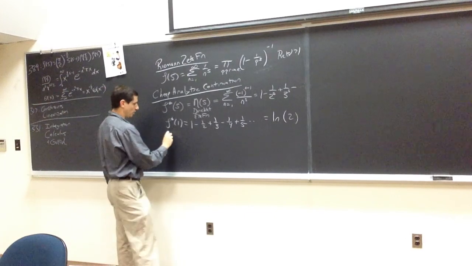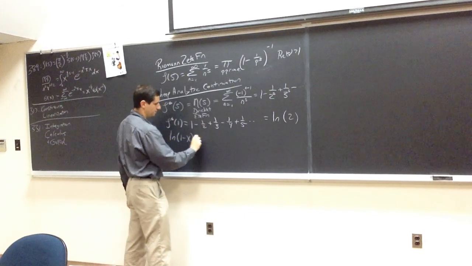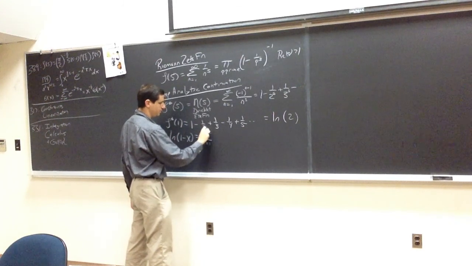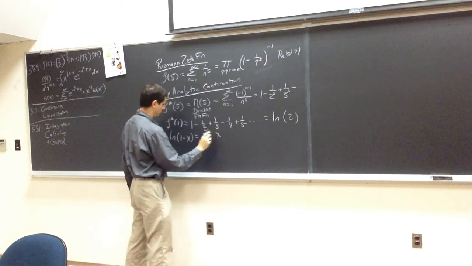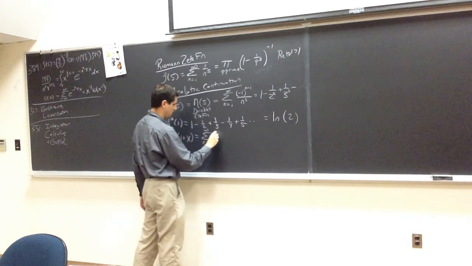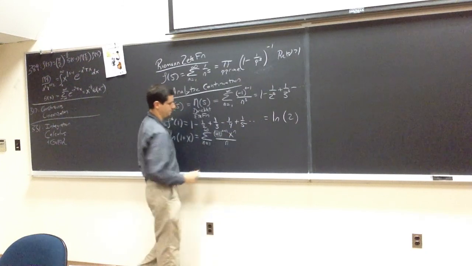So why? Well, the natural log of 1 plus x is the sum, n goes from 1 to infinity, of (-1)^(n+1) x to the n over n.